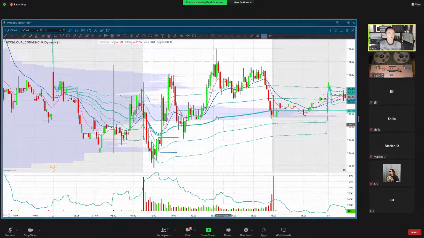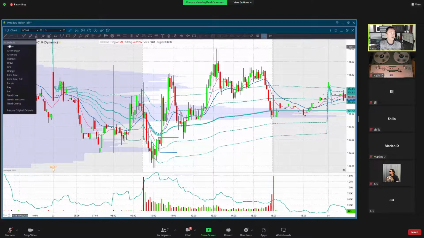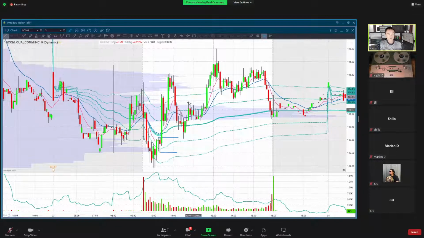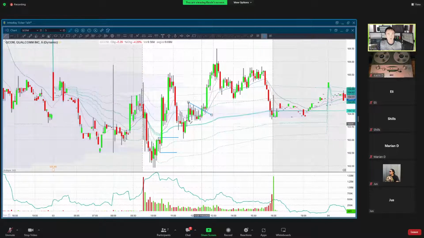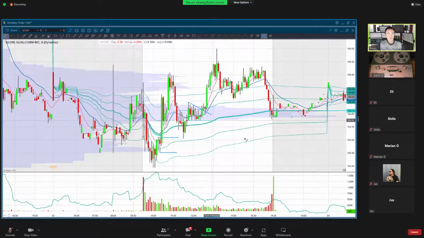But I think actually a good entry in here, the kind of entry I like to use intraday, is when you see this kind of consolidation setting up, you basically got this descending triangle. And then you would enter here on a break of the triangle.